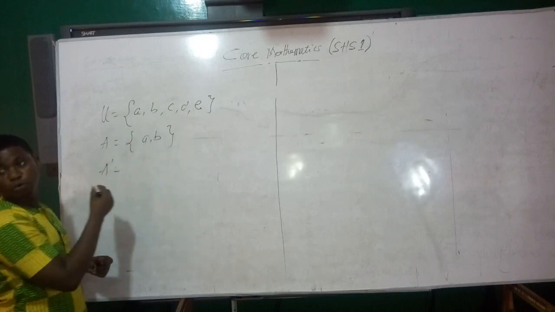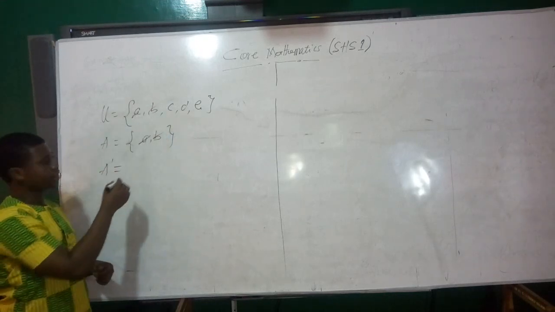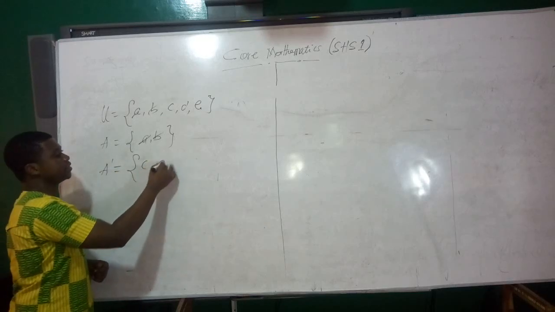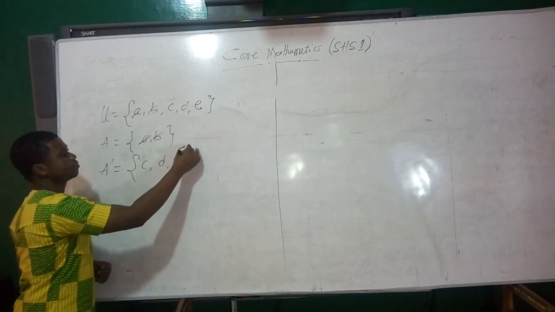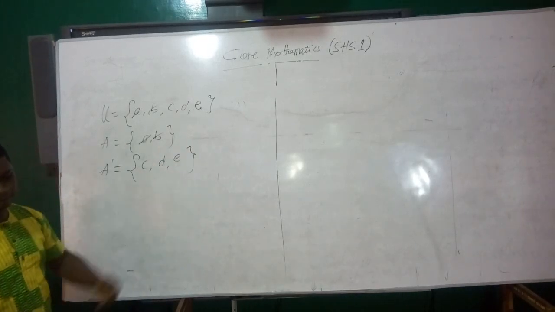If you look at this, you could see that A can be found here, B can also be found here. So the complement of A becomes C, D, and E.